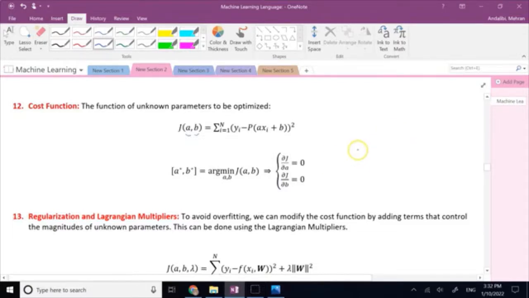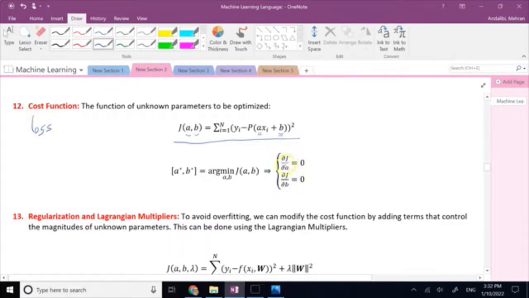So anyways, it is a function that you try to optimize, and it is a function of your data, and mostly it is a function of your unknown parameters. So let's say we go back to the problem of fitting a line to a bunch of data, and your unknowns are a and b, then that sum of squared error function, which was a function of the line slope and the y-intercept, you can define as your cost function. Some in the literature also call it a loss function.